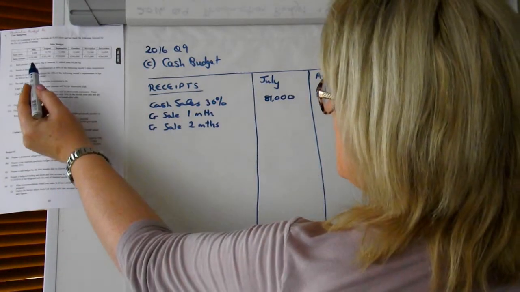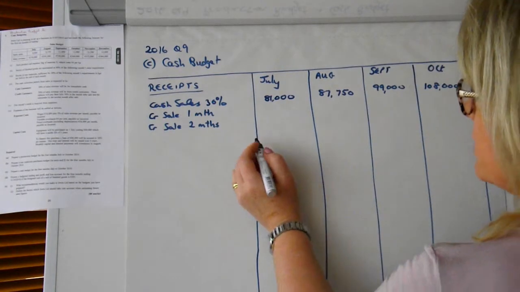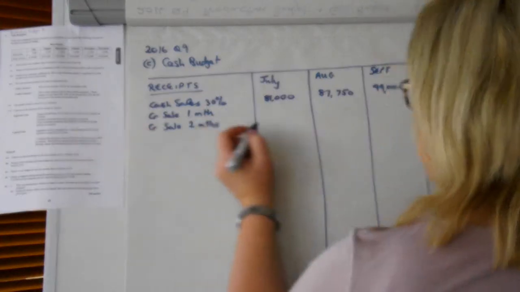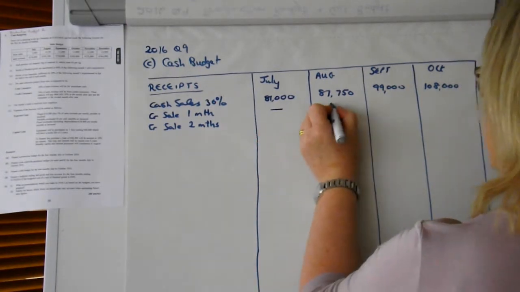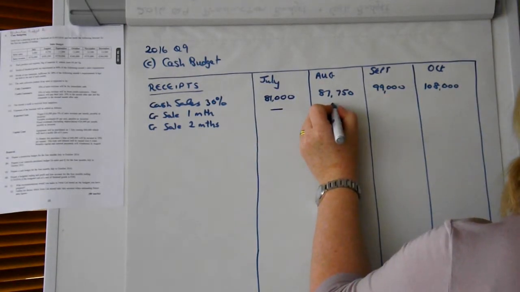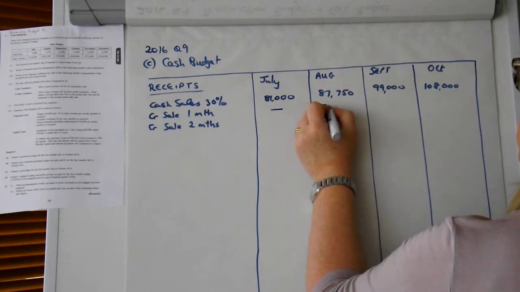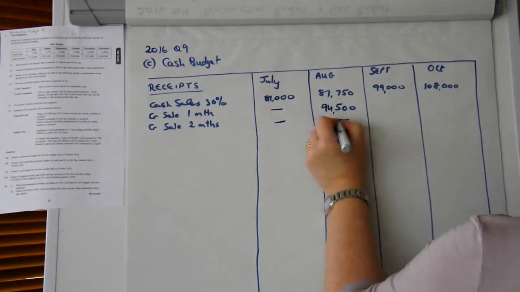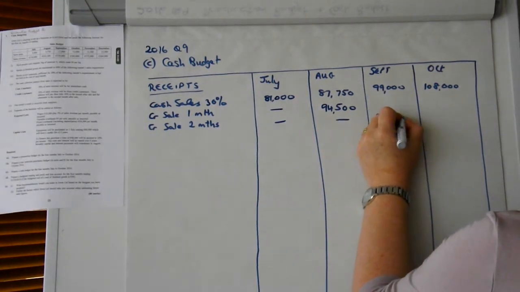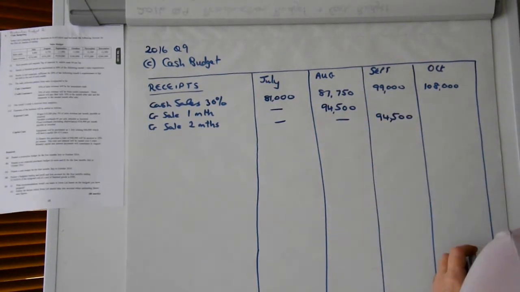So in other words, 270,000 by 70% by 50%, and that will give us back a sales figure for 1 month's credit of 94,500, and because it's 50-50, 2 months credit will be the same figure.